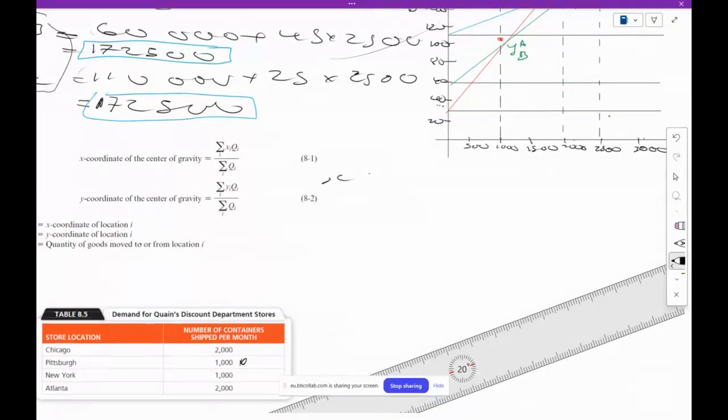X for the X core is the sum of xi qi, quantity at that value, over the sum of qi. Yeah?